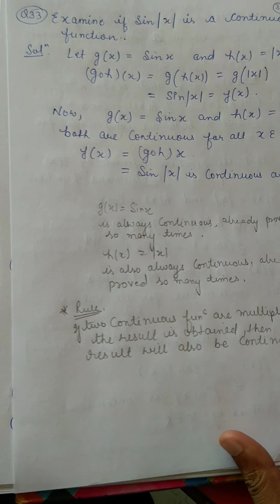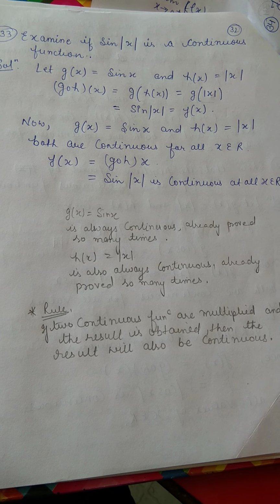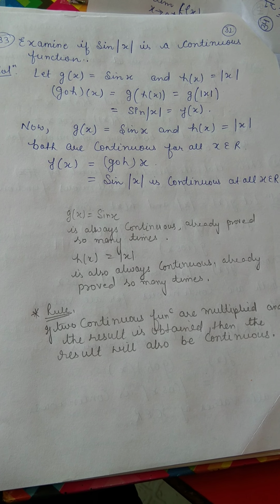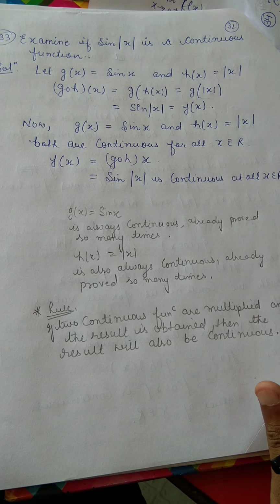What does this mean बच्चे? This means that अगर आप किसी भी दो continuous functions को multiply कर देते हो तो उसके बाद जो आंसर आता है वो भी क्या होता है, continuous functions.